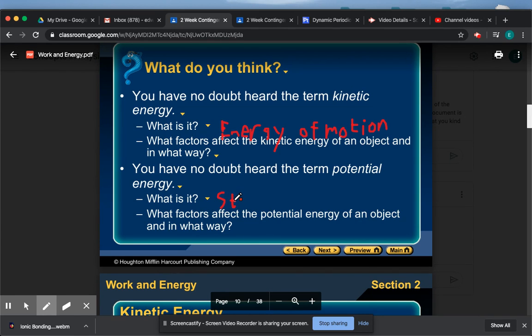If you think about a spring, how do you store energy inside of a spring? You can store the energy in the spring by, A, compressing it. Once you compress it, what is the spring going to do once you release it?